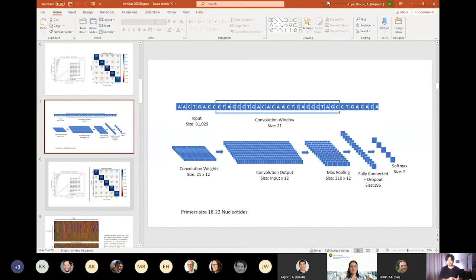You see? So, to answer the first question, yes, it is very important to do training, test, and validation. No, sorry, I forgot. For the convolutional neural network, we have a validation set.